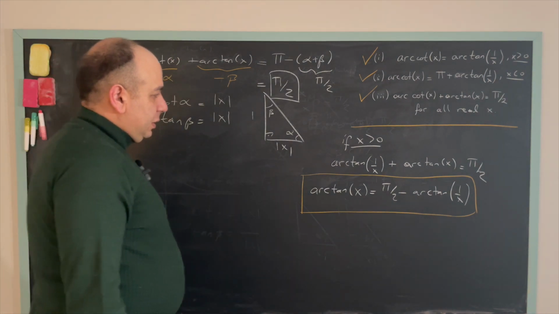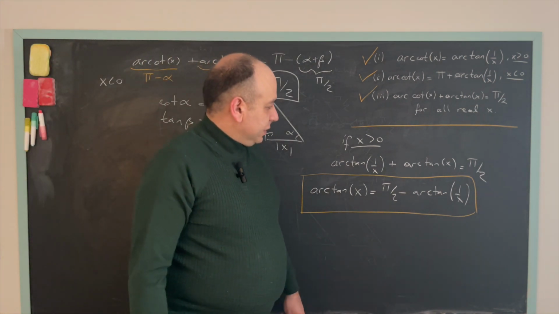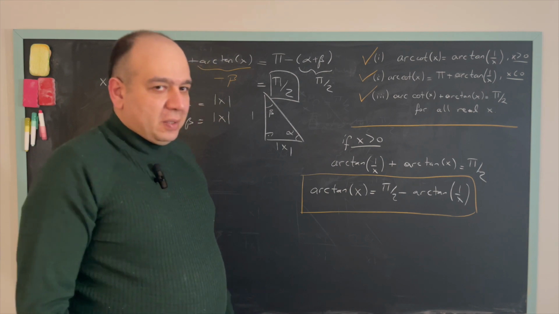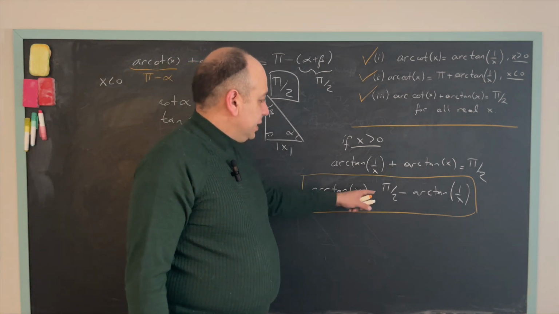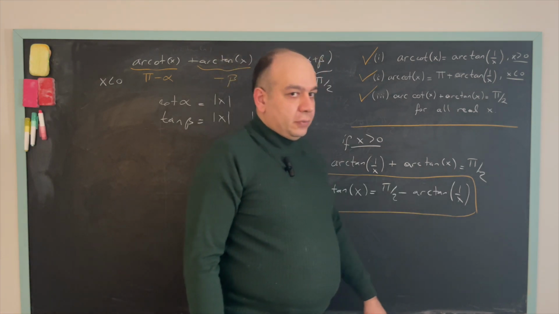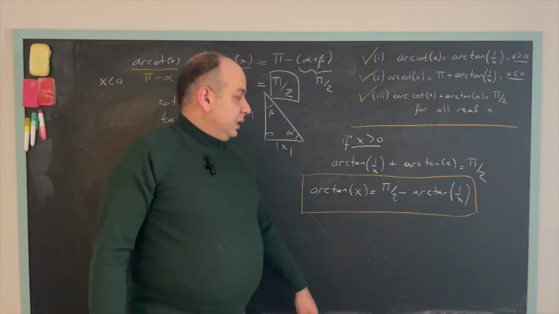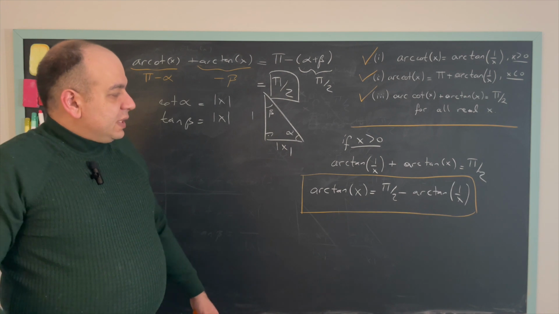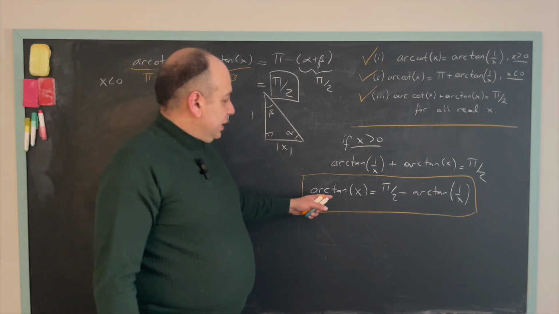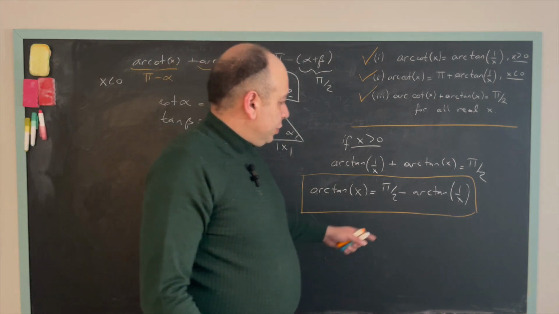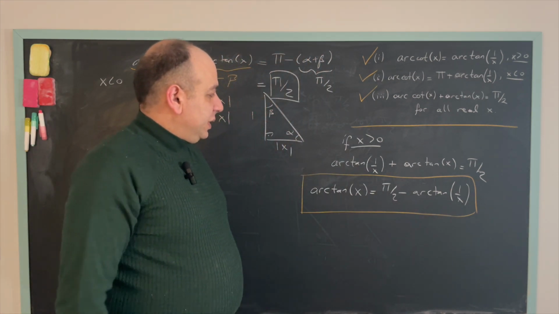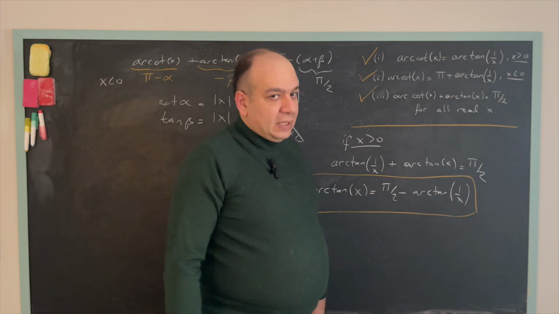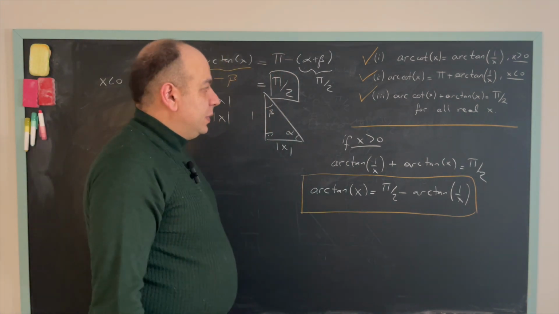I'll make a reference when the time comes. I just want to show you that arctangent x is equal to pi over 2 minus arctangent 1 over x when x is larger than 0. In some cases we may want to write the function in terms of 1 over x but not x. So this is one of the relations that we use a lot in those cases.